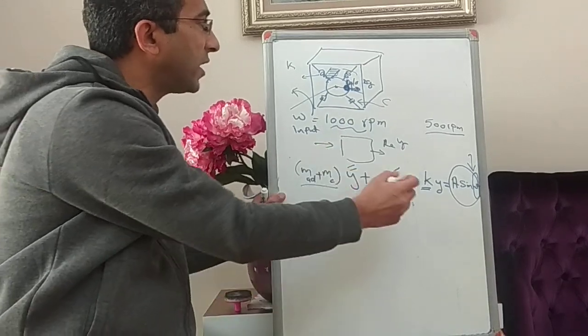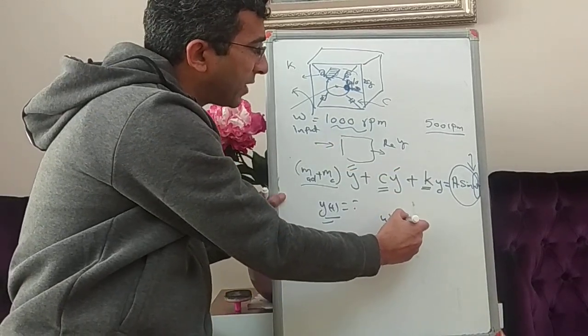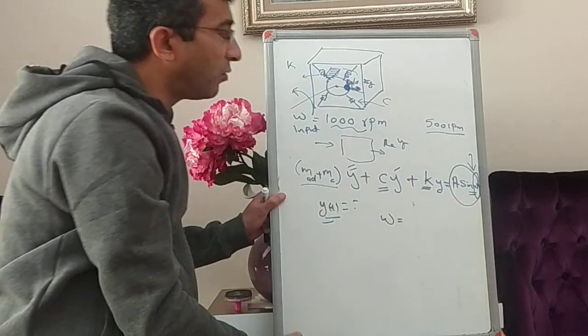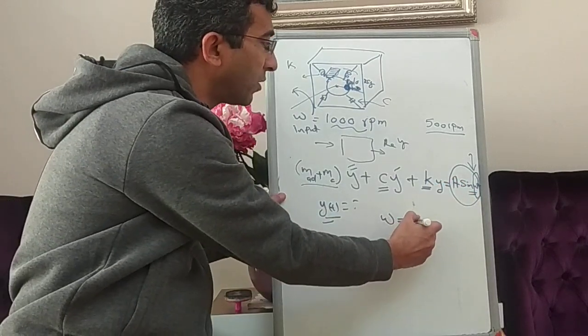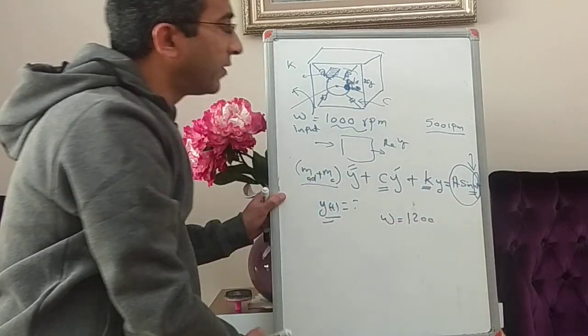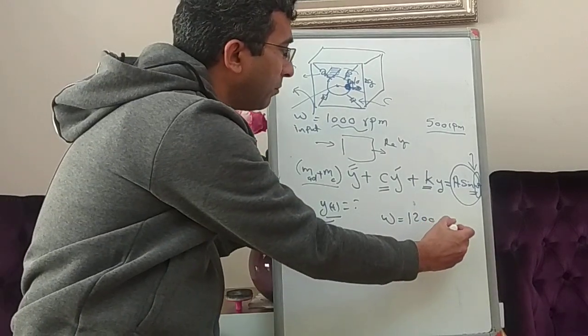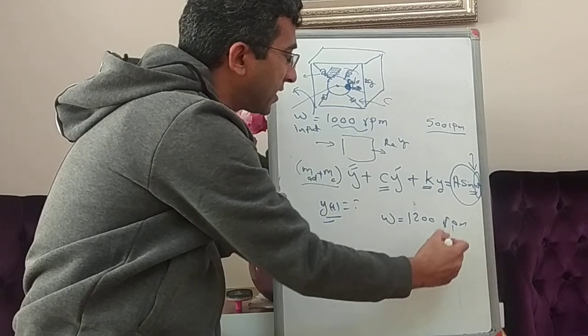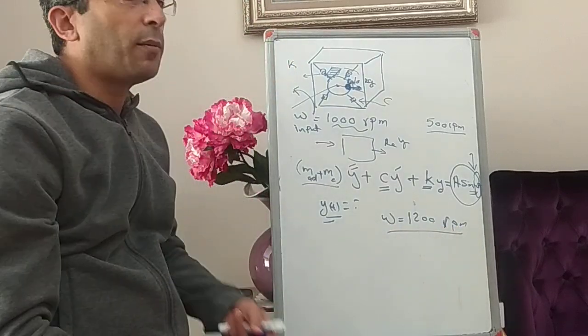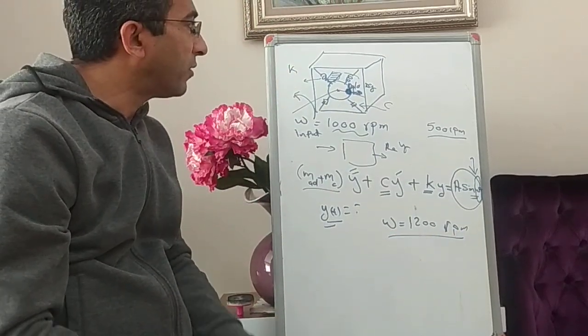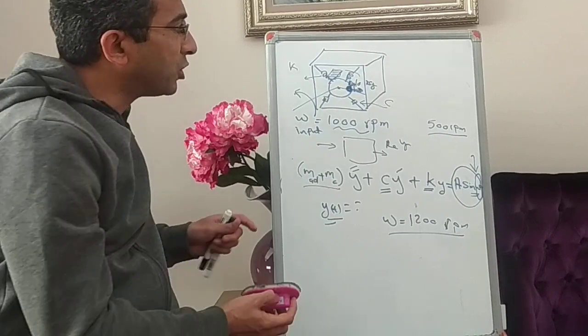But if you increase the angular frequency of the exciting force to, for example, 1000 or 1200 RPM, of course you will have less vibration. We will speak about this application in the next videos. So this is mechanical engineering.